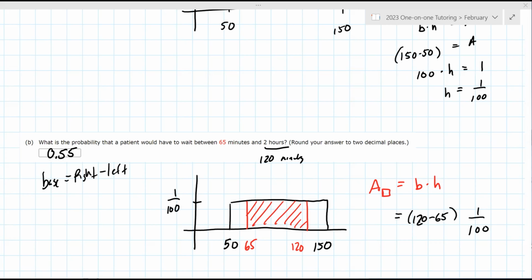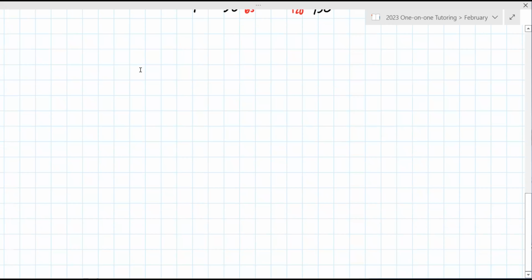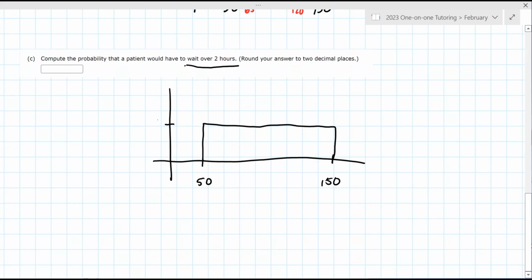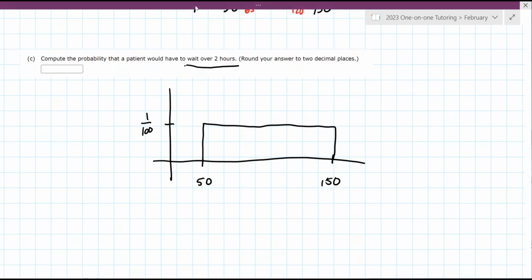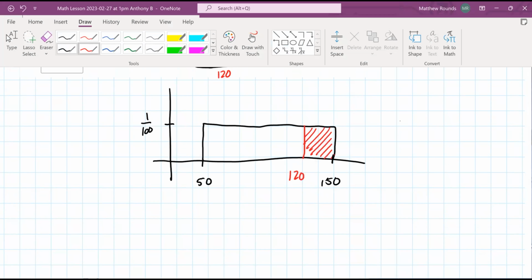Good. Now for part C, you've got to really look at what it's asking for. This time they want the wait over 2 hours. So again, we know this thing goes from 50 to 150. It's got a height of 1 over 100, but this time 2 hours, 120 minutes. So here's 120, but we don't go forever. We just go to the edge there. And you're again finding the area of this rectangle.